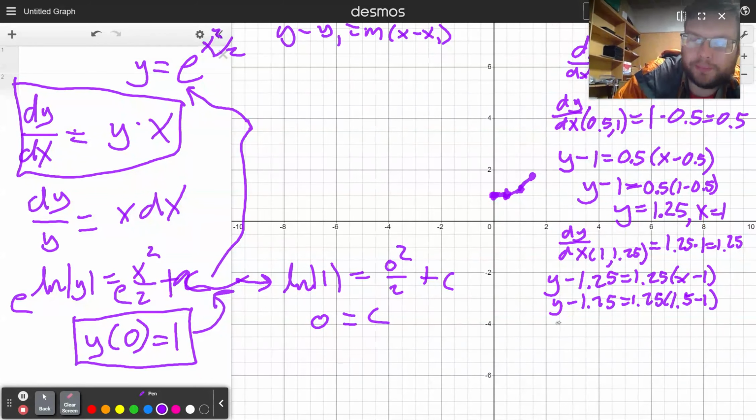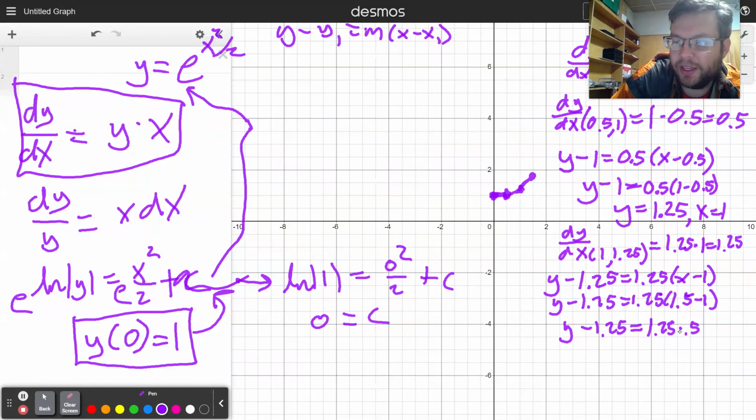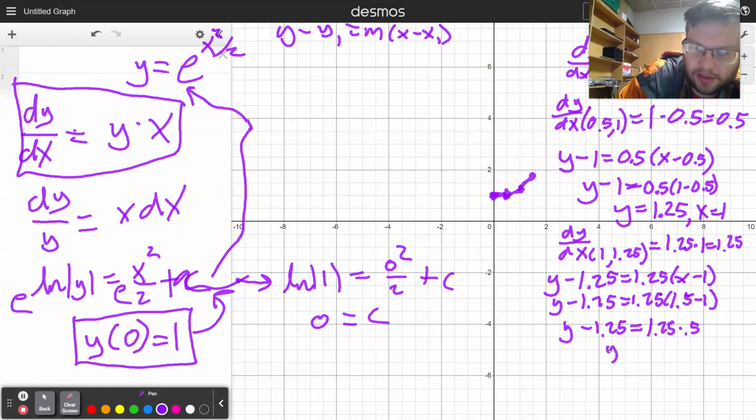And that gives me y minus 1.25 equals 1.25 times 0.5. It starts to get really annoying to do the calculations by hand, but I think that one I can still do. That's 0.625, and then add that, so I get y equals 0.625 plus 1.25, which gives me 1.875.